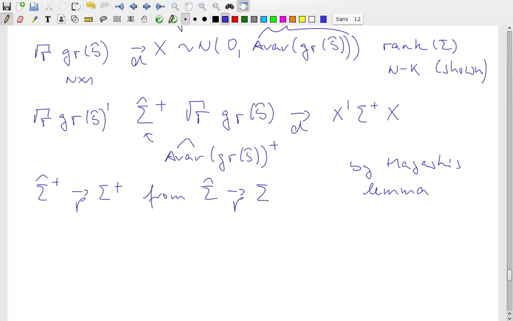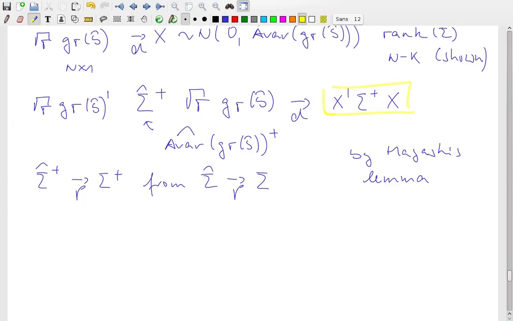Suppose we can do that, then we find this convergence of the quadratic form to this term, which is a quadratic form of a type that we've just studied. It's exactly what we have: X being normally distributed with mean zero and a non-full rank variance covariance matrix.